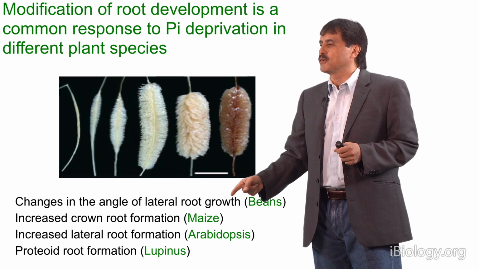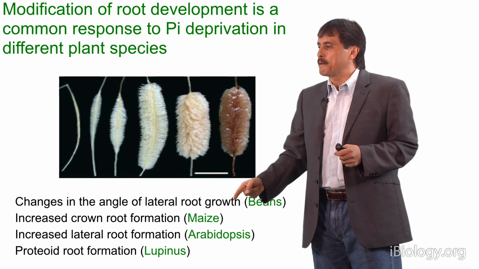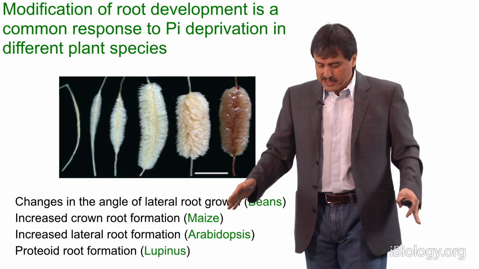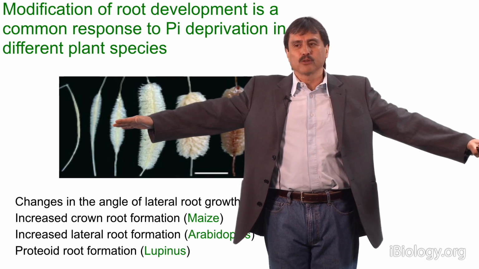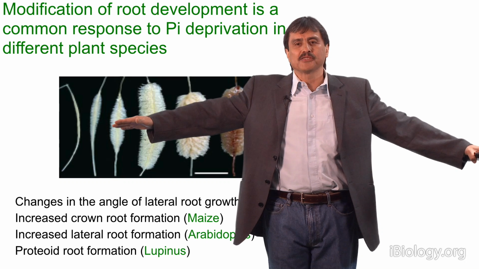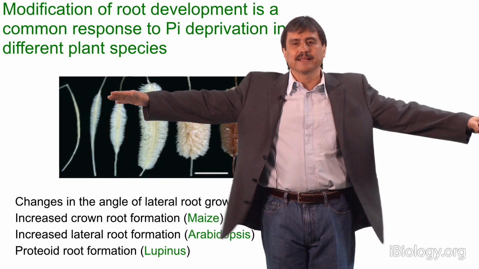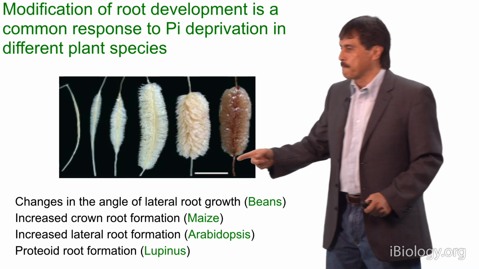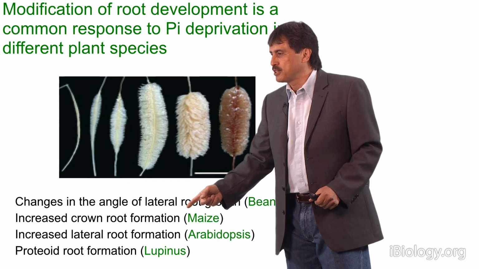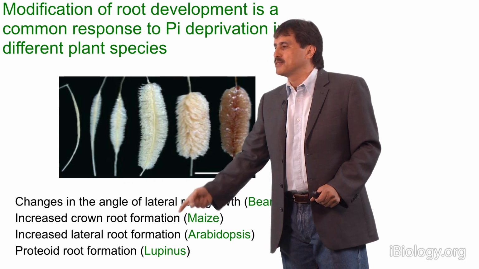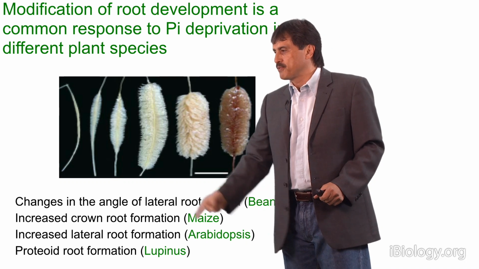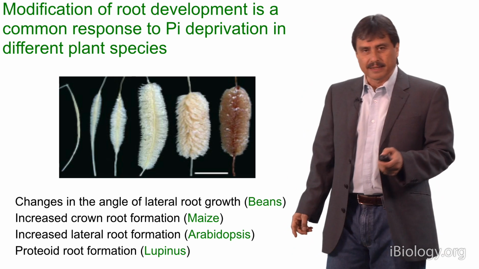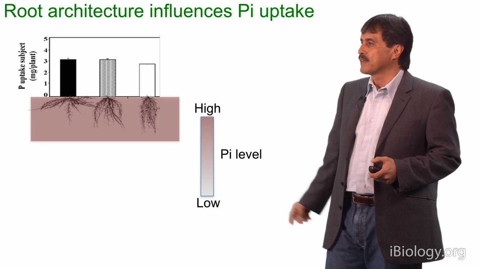For instance, in the case of beans, the developmental change is that the root, instead of growing down, grows horizontally. So it doesn't change the number of lateral roots, but rather it changes the spatial distribution of roots. In maize, you have more formation of crown roots. And as I mentioned before, in lupinus, there is the formation of cluster roots.